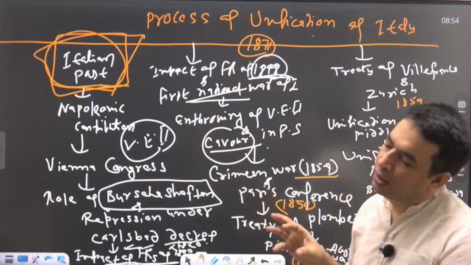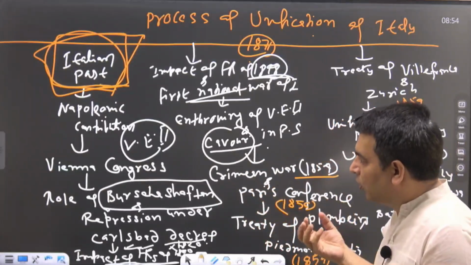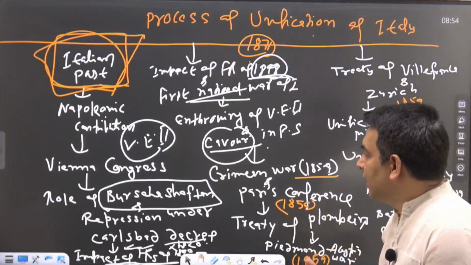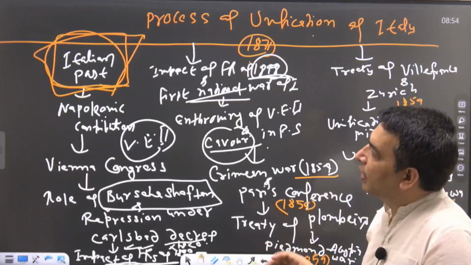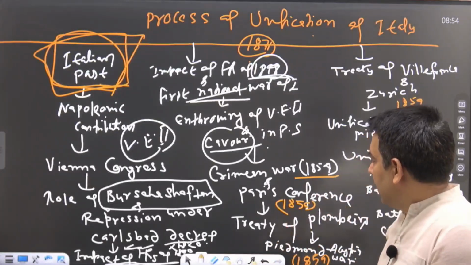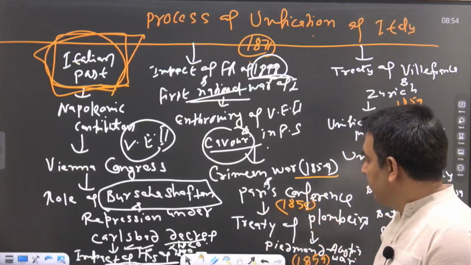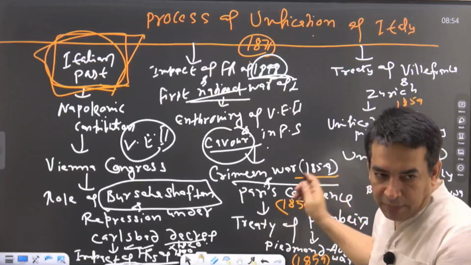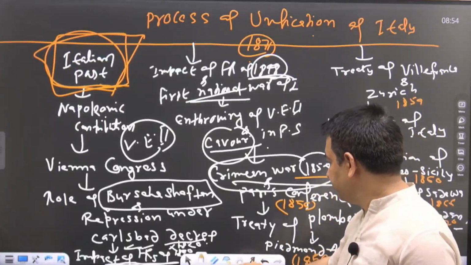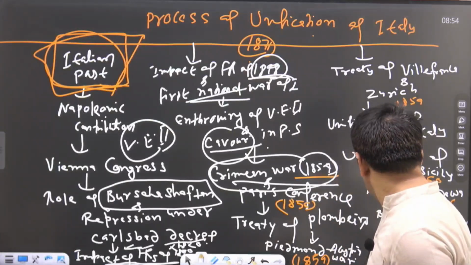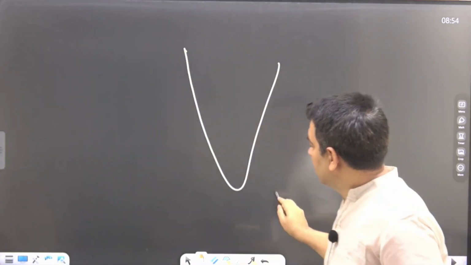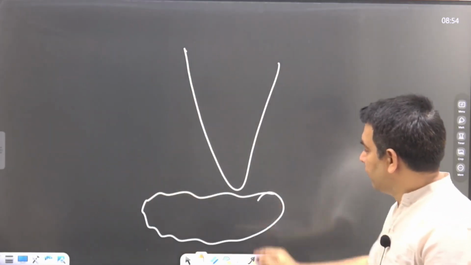So he did economic reforms, he tried to do military reforms, and while he was strengthening Piedmont-Sardinia, his home state, at that point an international episode happened, known as the Crimean War. The Crimean War was basically the result of a conflict of vested interests.